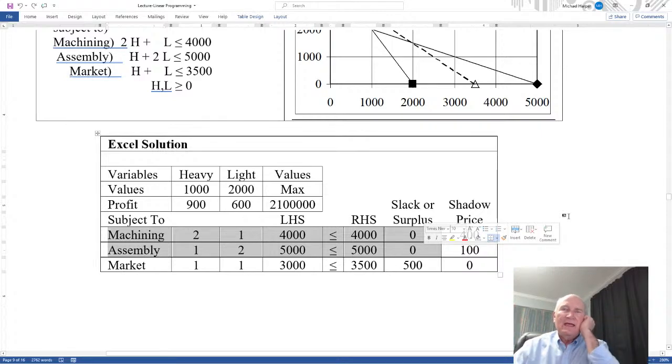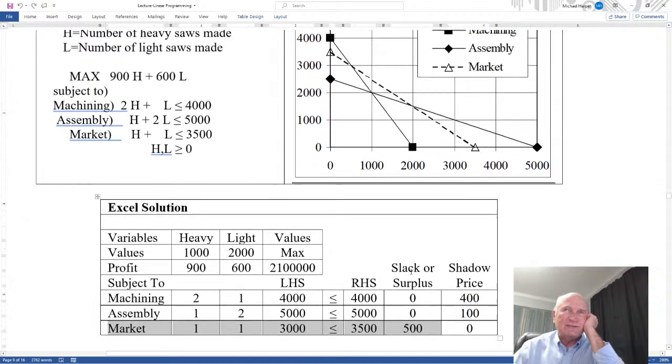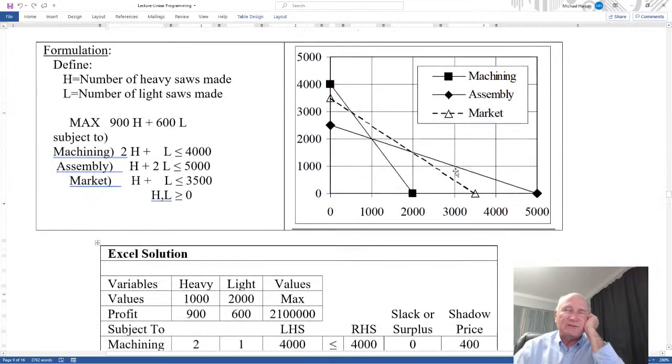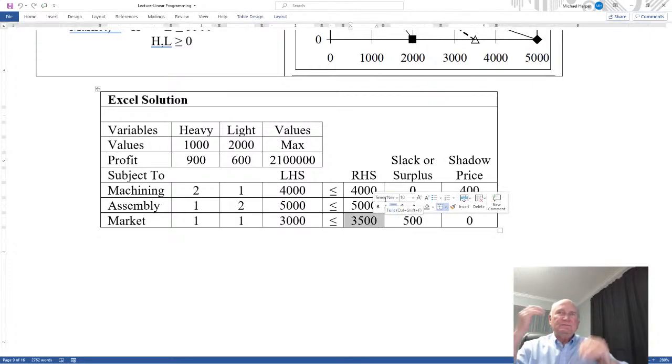Okay? And then you say your saturation market that you've given me, say there's a maximum of 3,500 saws in the market. You have 500. Now, is that a slack or surplus? It's less than, so it's a slack. But what does that mean? Well, that means the amount of saws that you're producing is 500 less than the actual market could hold.